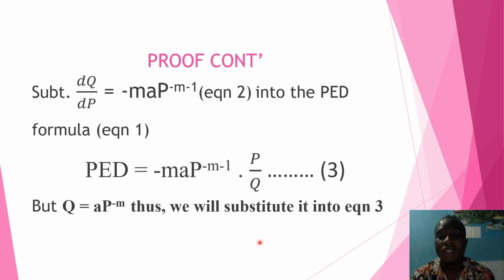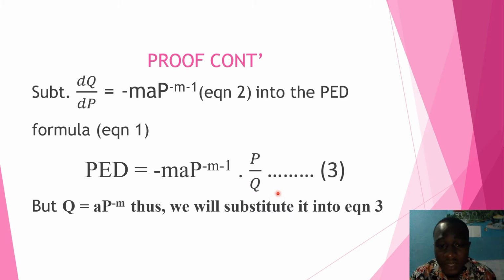All you need to do from here is to keep manipulating until you get your M. Remember that the Q given to us in the function is AP exponent minus M. So we need to substitute Q equal to AP exponent minus M into equation 3.